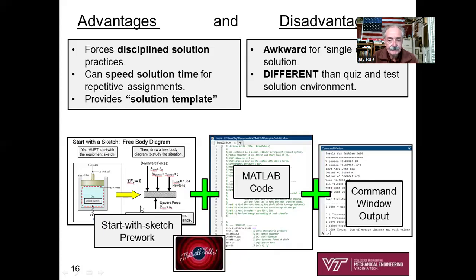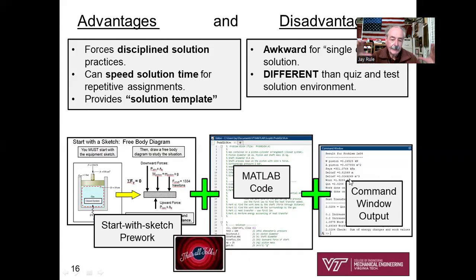I don't have immediate suggestions for you, but you have to recognize that a complete engineering solution that you would turn in for a grade on homework would be some type of document where you've started with a sketch and outlined your pre-work, maybe pencil and paper, scanned in, or an image of your personal work, then the MATLAB code, maybe as a screenshot, and then command window output, which would certainly be some type of screenshot.